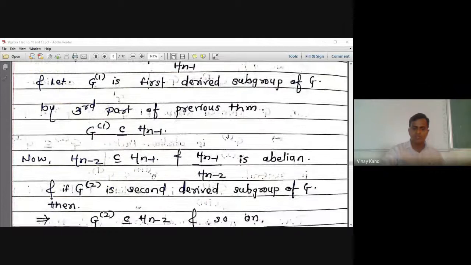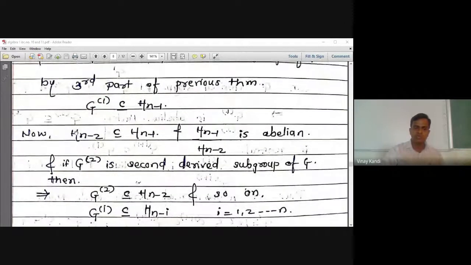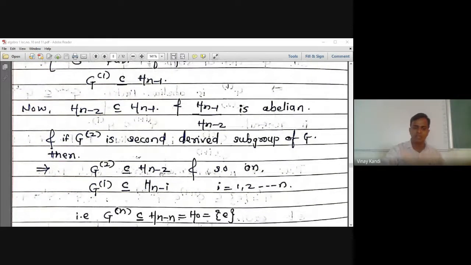Okay, similarly, put here now H_{n-2} equal to capital N. Here H_{n-1} upon capital N is an abelian factor and N is contained in H_{n-1}. If G2 is the second derived subgroup of G, then G2 must be contained in capital N, which is nothing but H_{n-2}, and so on by using the previous theorem.